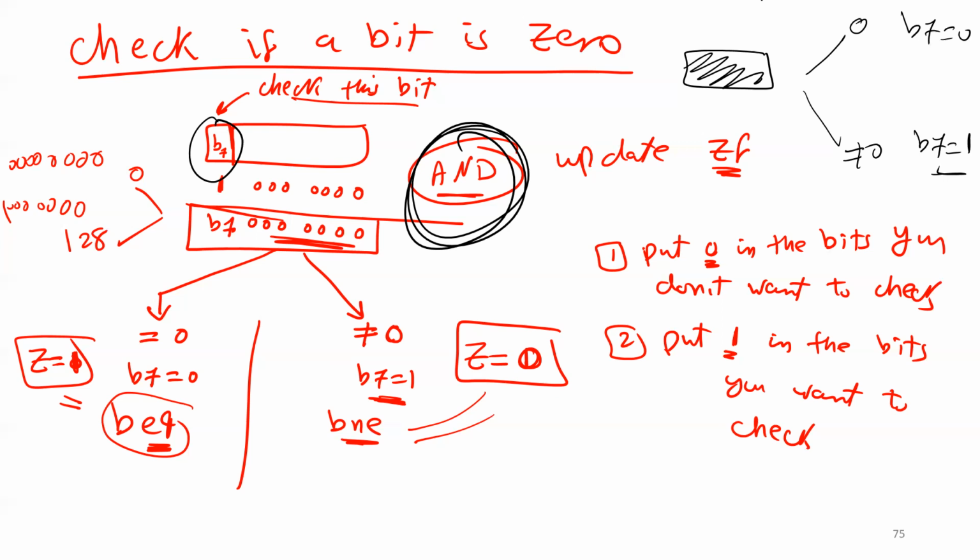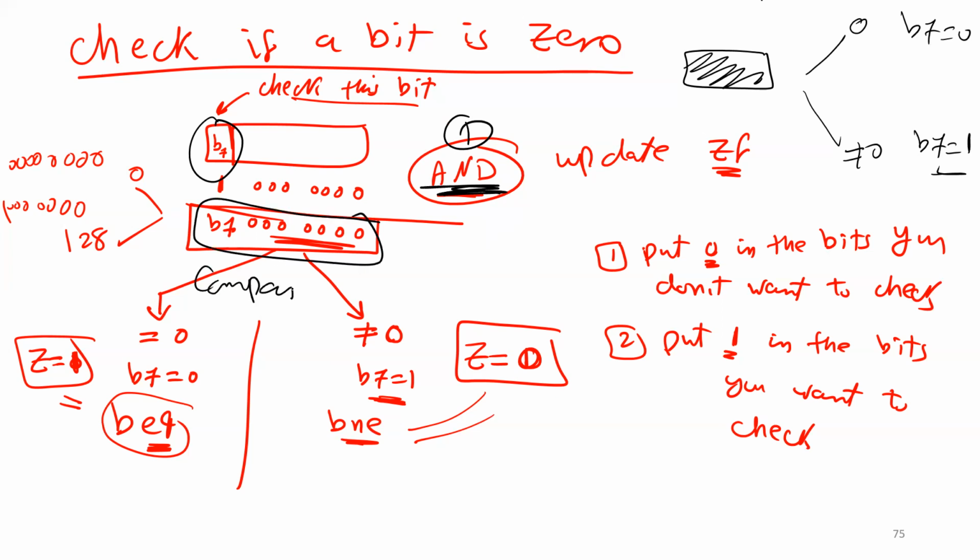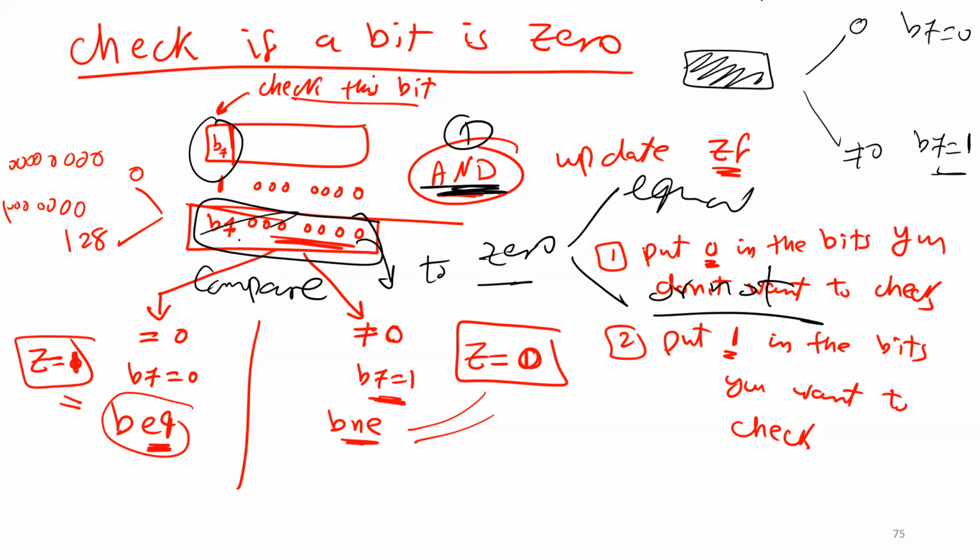You got what I'm saying? So number one, you can do the AND operation, and then I can compare this one to 0. Then I will see if it is equal or not. If this byte is equal to 0, that means the bit is 0. Otherwise, the bit is 1. Okay, guys?